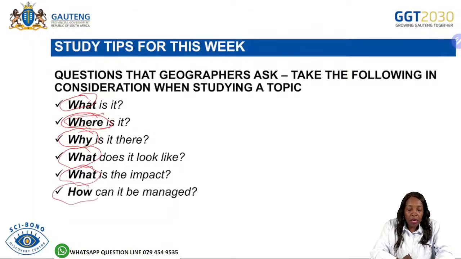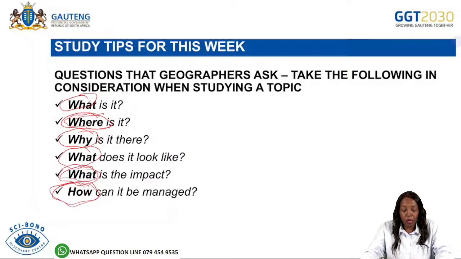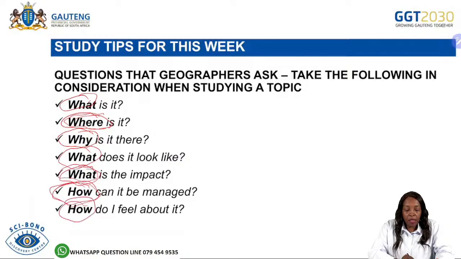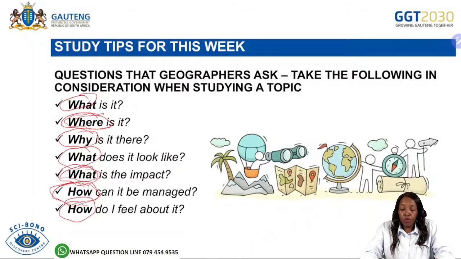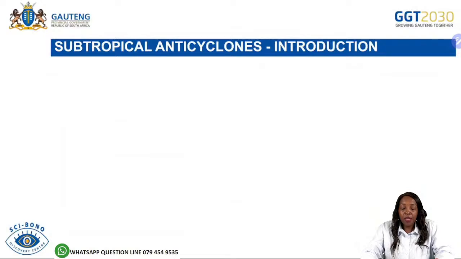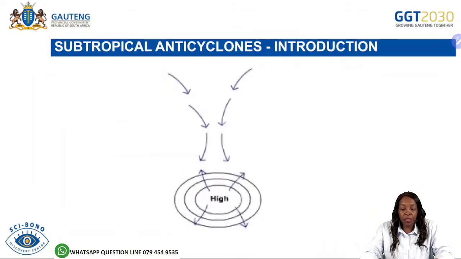So the impact thereof, how can we manage the impact of these geographical aspects, and how do you feel about it? Those are the key questions that even in the exams geographers take into account. So you have to take note of this, and in preparation for any exam or any test, you must be able to answer these types of questions.